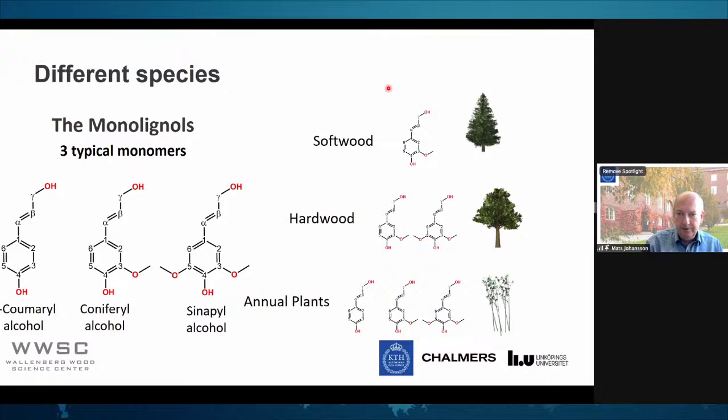I will focus today mainly on softwood. But as you see, for example, here you have this coniferyl alcohol. You have one methoxy substituent on the ring, and that will affect the reactivity of the phenol. What will happen if you have the sinapyl variety? Can we use that in the same way, and will the properties differ?